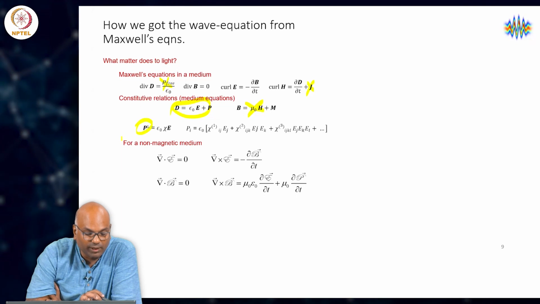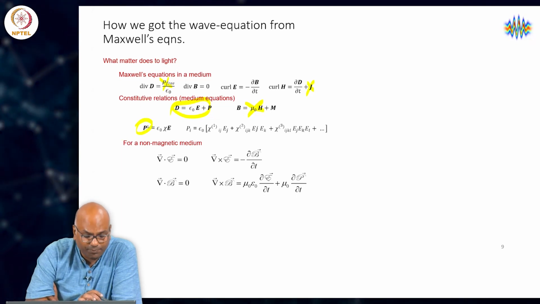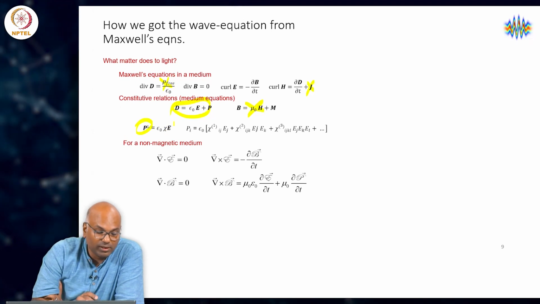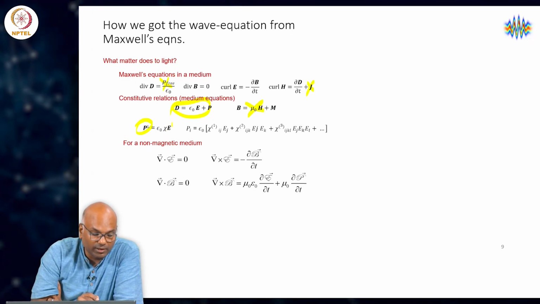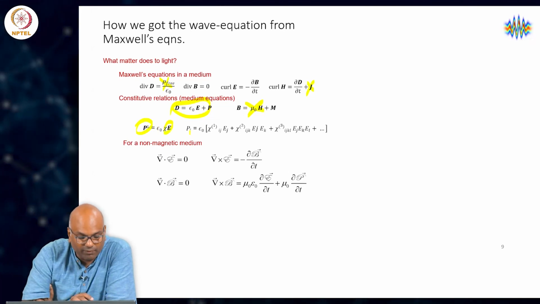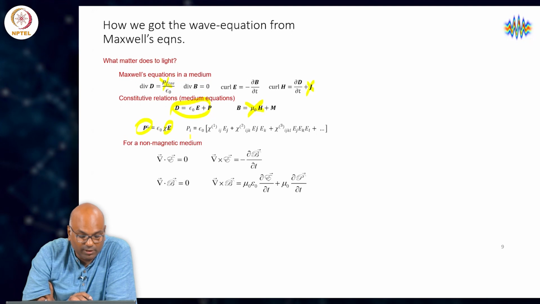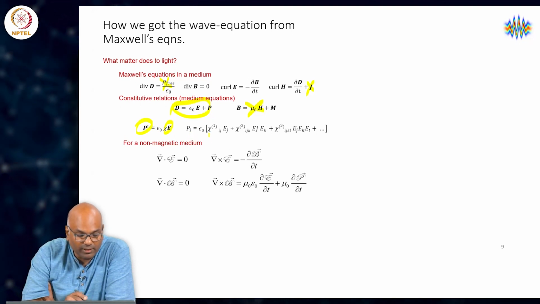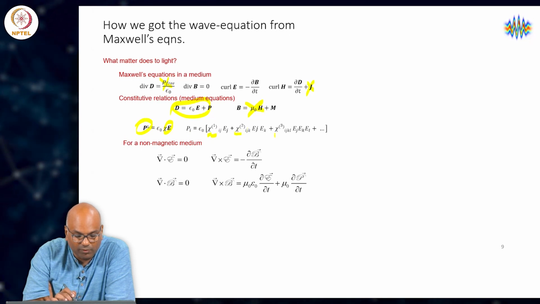We then have the case where the polarization, which is the response of the medium, needs to be figured out when the medium is incident with an oscillating electric field E. We expand the polarization vector, which is essentially the local density of dipoles in the medium, using electric susceptibilities, the chi's of various orders.